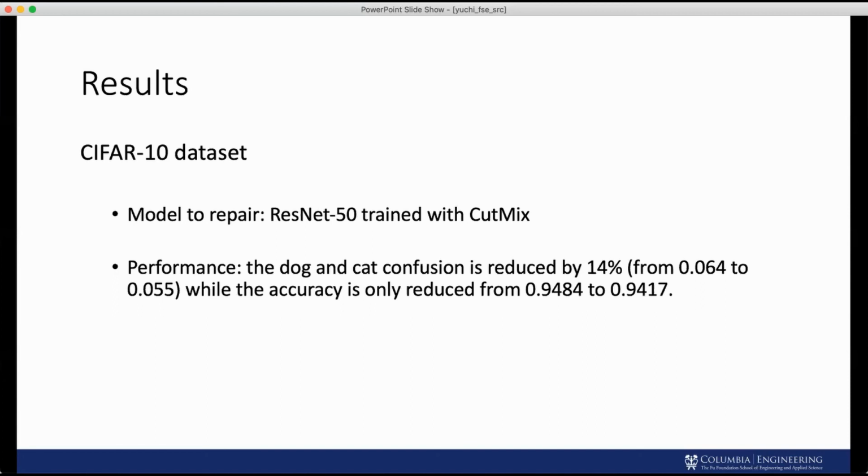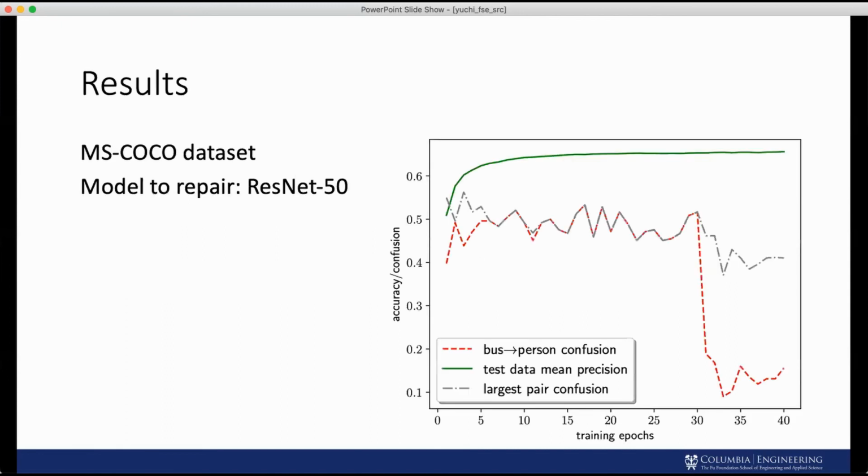The results show that our approach can reduce the dog and cat confusion by 14%, and the accuracy is only very slightly reduced. We also test our approach on a multi-label classification model trained on the MS COCO dataset. This model is also trained in the same way as previous studies on MS COCO.